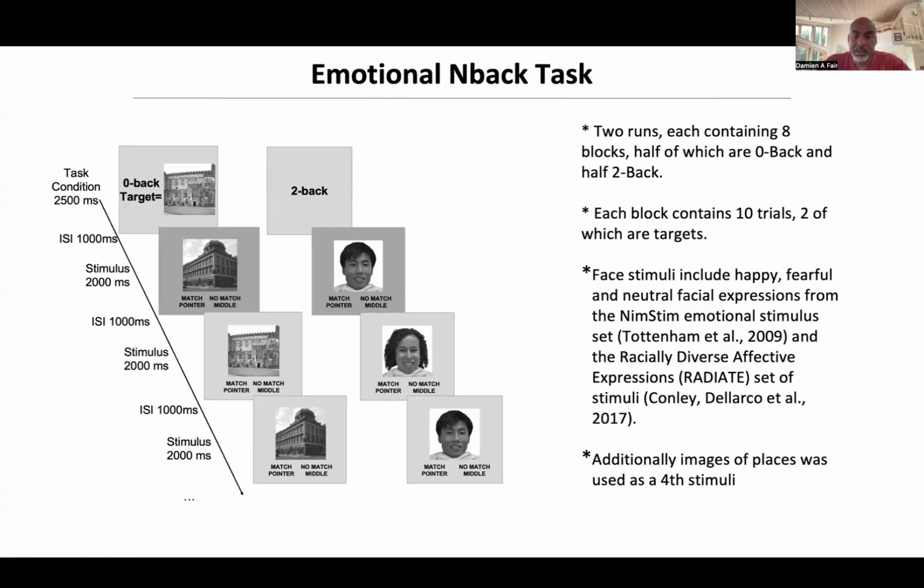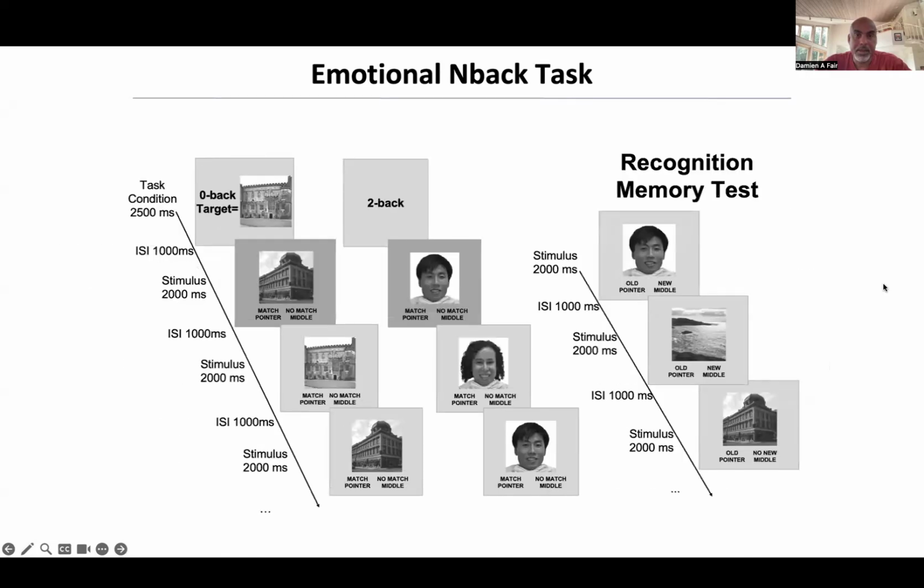In addition, images of places were used as the 4th stimuli. And just showing here the aspect of the afterward of scanning, and this is the specifics of the recognition memory test.